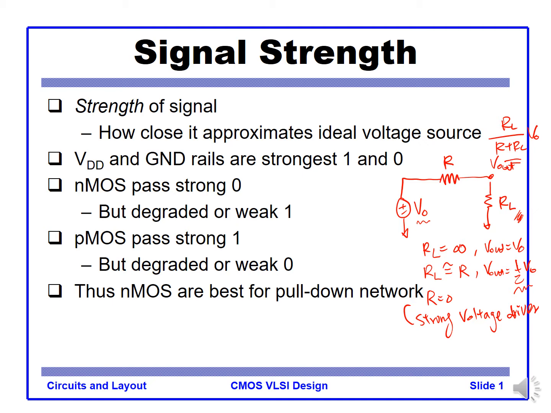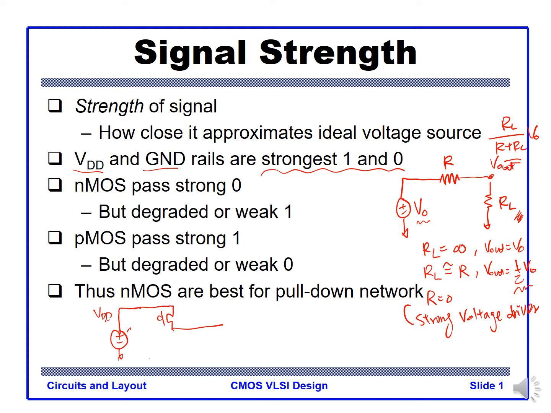So we have a supply voltage VDD and ground, which are the strongest 1 and 0 because they don't have any resistance. We assume the ideal voltage source. Supply voltage VDD is passed through the PMOS to the output.